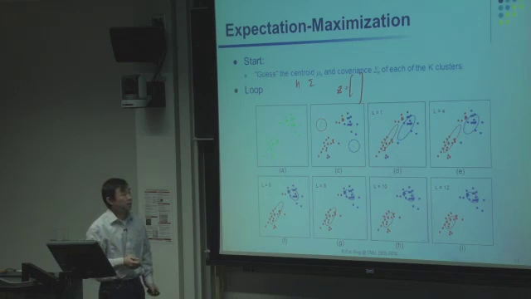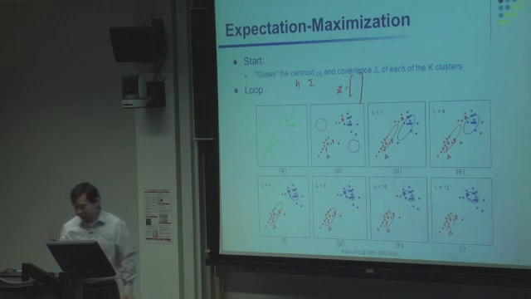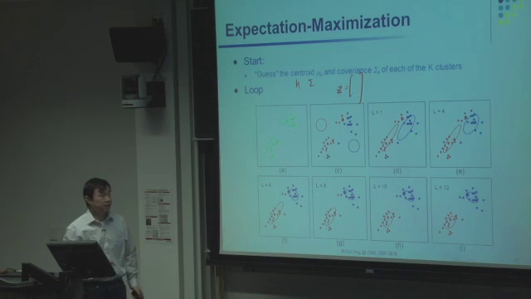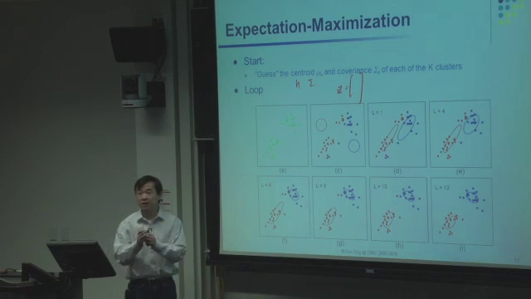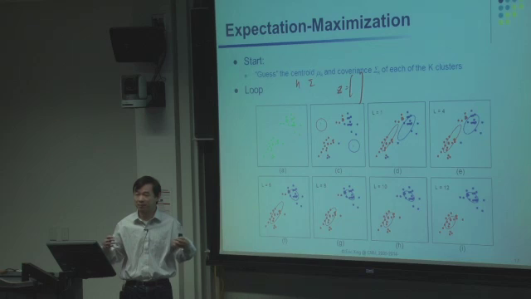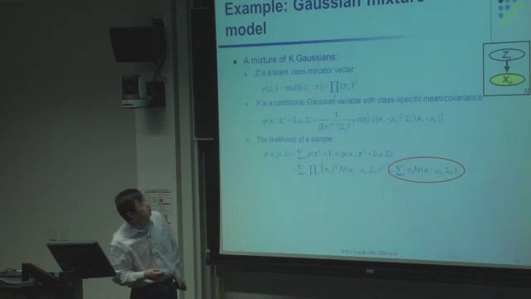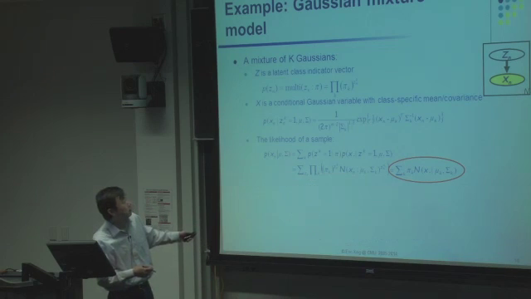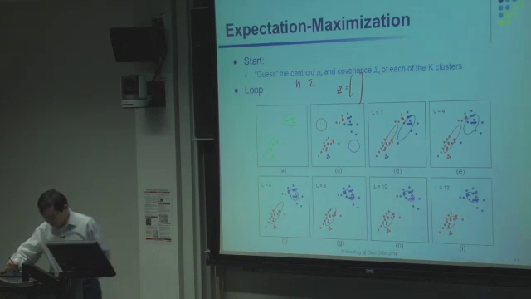And again, based on the fractional numbers, you are going to recompute the centroids. In this case, the centroids are computed by counting every point, because every point has some non-zero fractional assignment. And do I have an equation of the algorithm? I think I have. Oh, I don't. Okay, so I'm going to write it here.